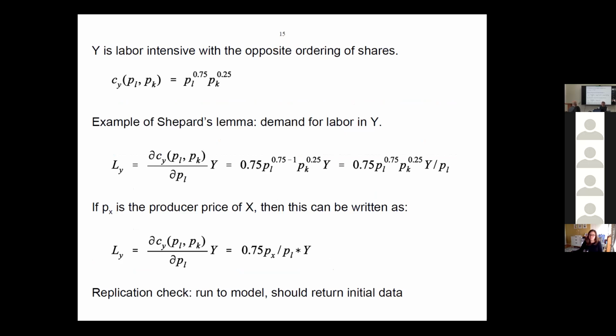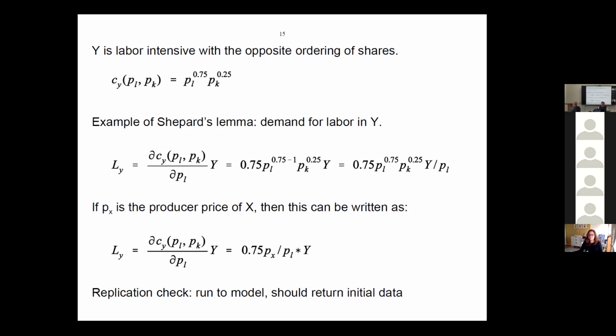Okay, our good friend Shepard's lemma. In the market clearing conditions, we need to know the demands for labor and capital in the 2 sectors. And given that we have the cost functions, that is now fairly easily derivable. This is just one example of the 4 factor input coefficients.